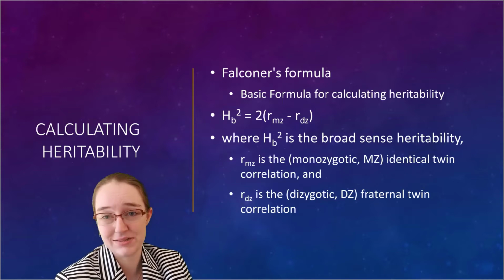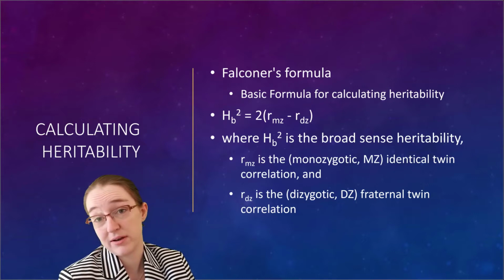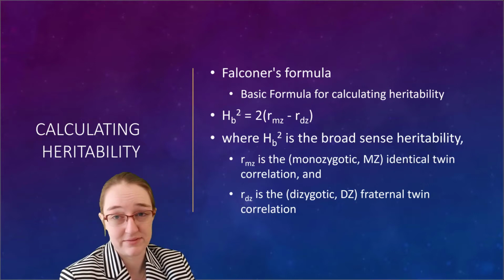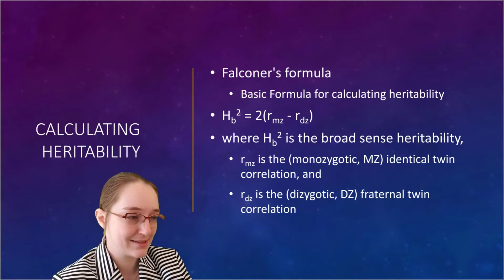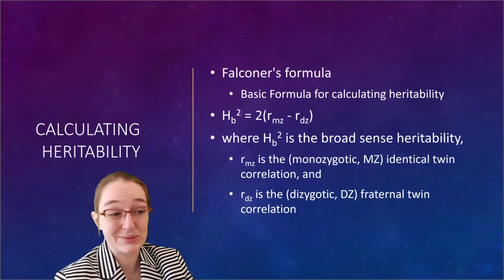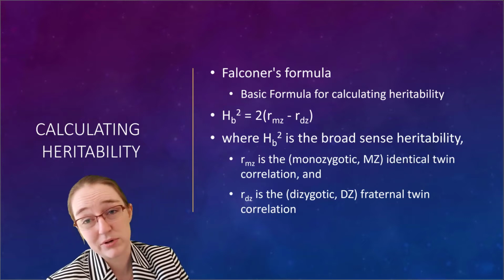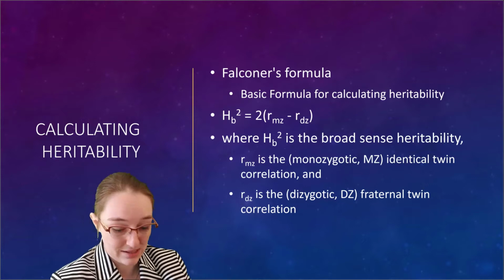So all the different kinds of genetic effects that you can think of get captured in broad heritability. And you won't have to identify the specific kinds. But that's the idea. And so RMZ is the identical twin correlation. RDZ is the fraternal twin correlation. I'm going to illustrate this on the next slide.